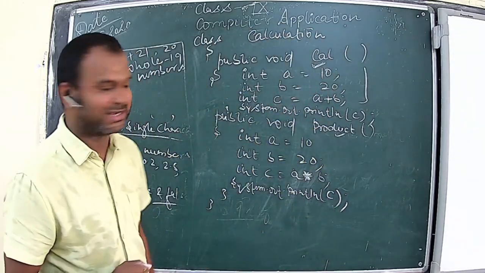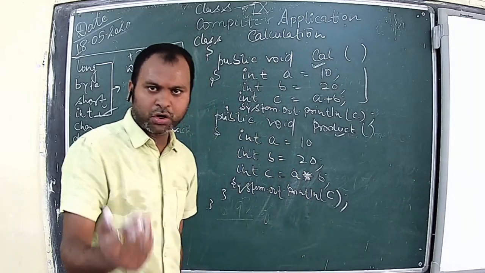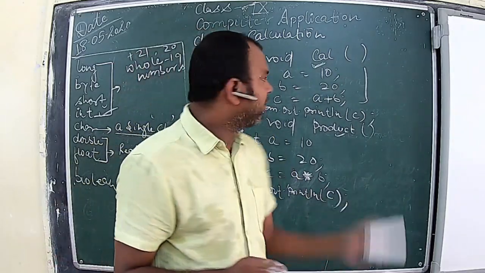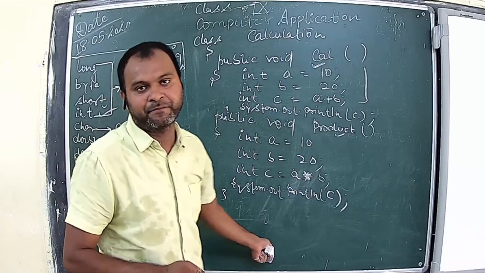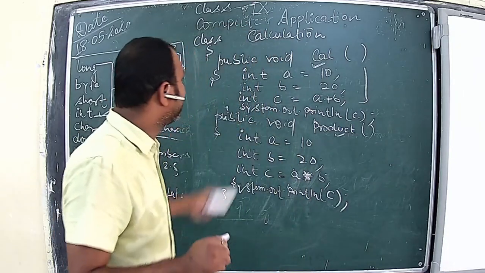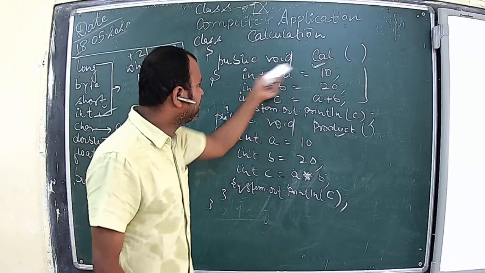You are aware of that. But I will tell you a new way. Later on, we will come to know clearly. But here, I will create objects inside this class. I will create objects for this class here only, and I will try to call these methods.